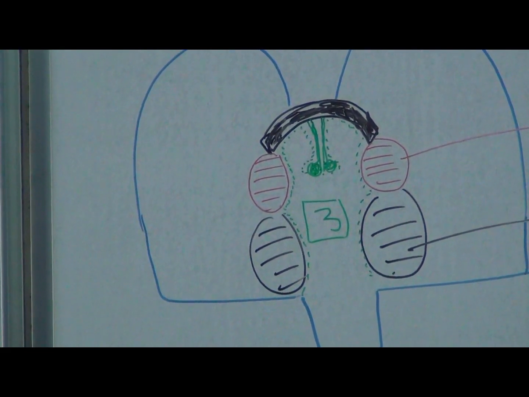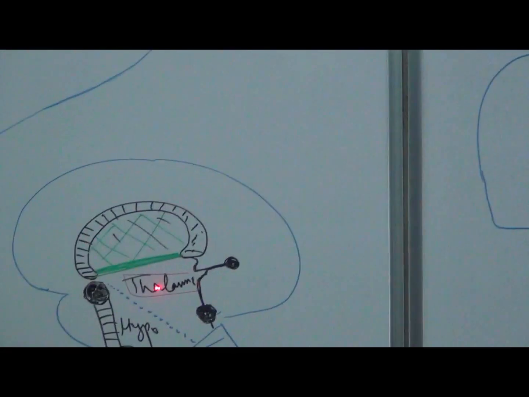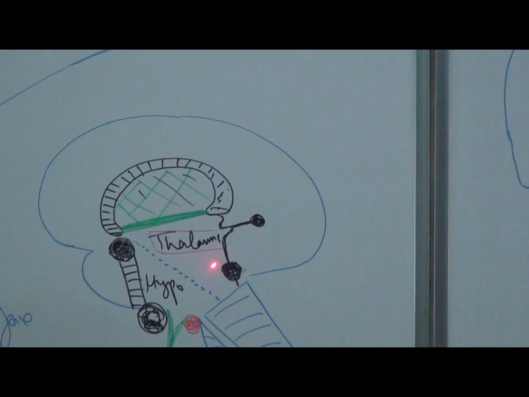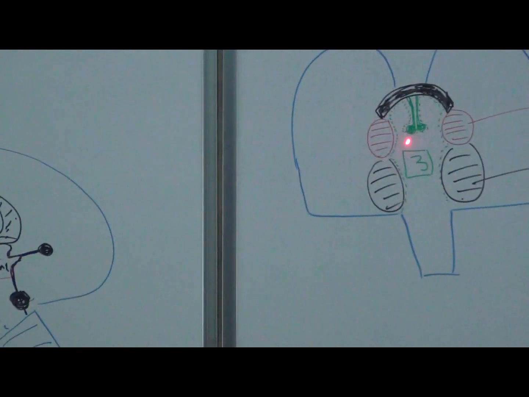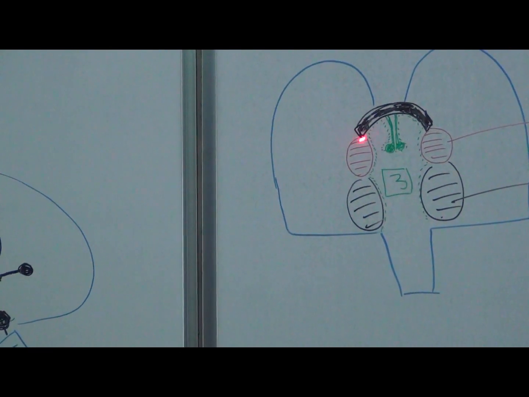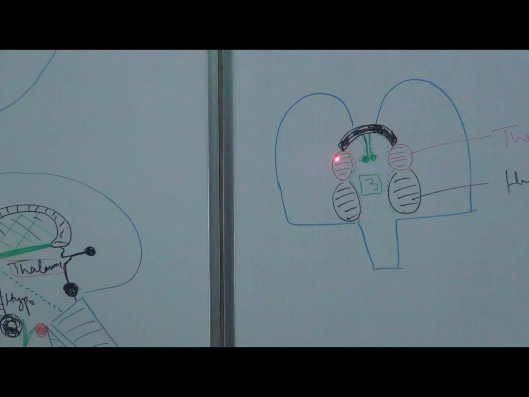Why? Because the thalamus is forming the posterior part of the lateral wall of the third ventricle. So this is medial surface, and superior surface is stratum zonale.